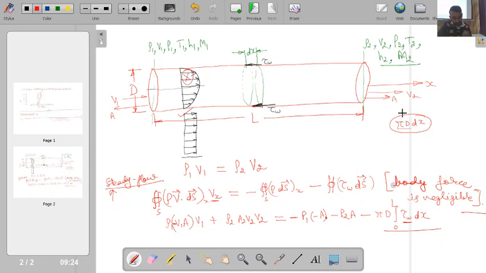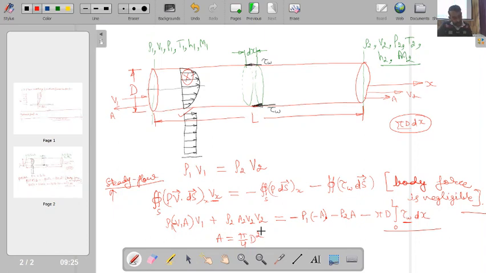From here, A over here is nothing but my cross sectional area. So the value of A I can write as pi by 4 into d square. A is the cross sectional area, which is pi by 4 into d square.